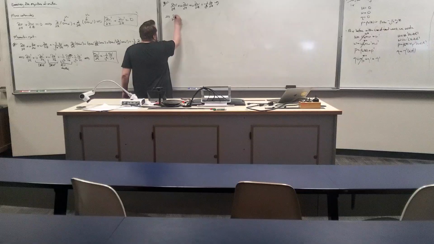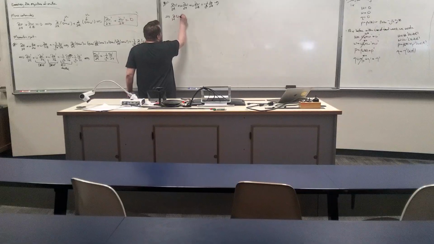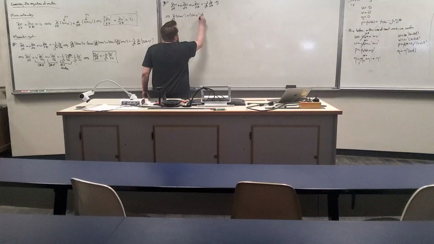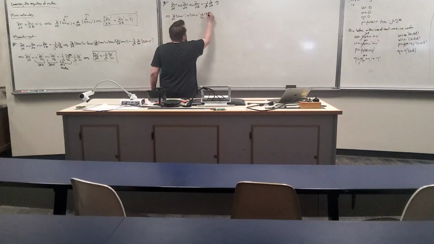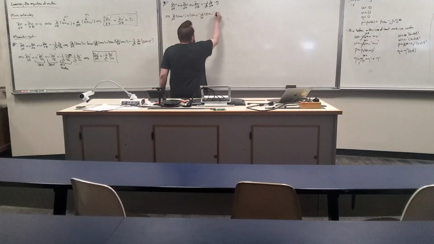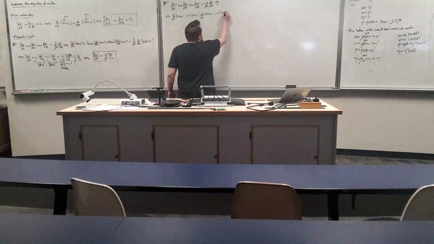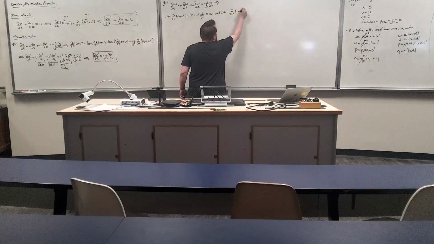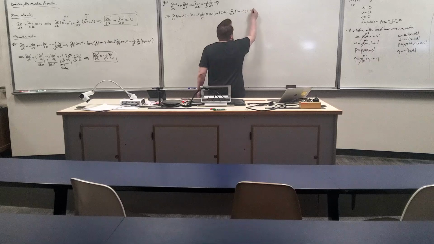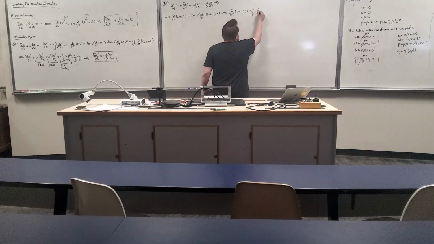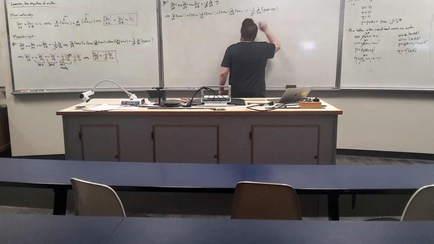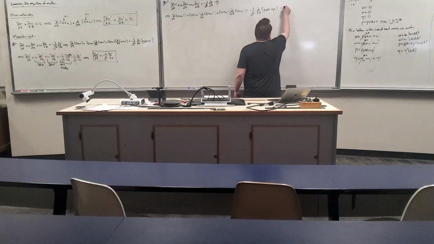We get d/dt of 0 plus w prime, plus 0 plus u prime d/dx of 0 plus w prime, plus 0 plus w prime d/dz of 0 plus w prime, equals minus 1 over rho naught d/dz of p naught of z plus p prime, minus g.